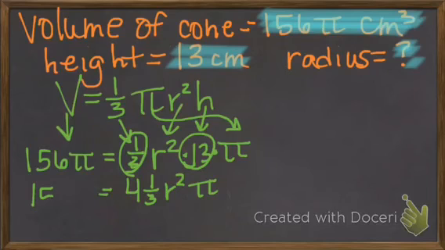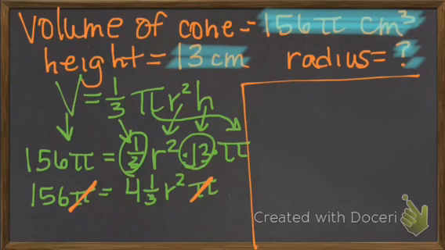Over here, we didn't do anything. But I want to point out that both sides are multiplied by pi. So you can divide both sides by pi, in which case pi just disappears. So really, what we're left with when we continue our equation is 156 equals 4 1/3 radius squared.